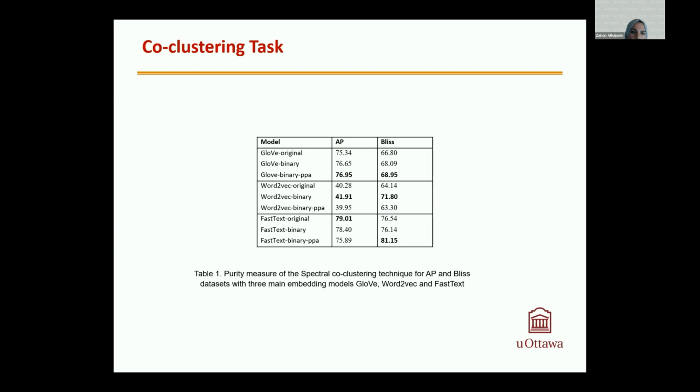And we can see our proposed method outperforms the original embedding models, especially with the GloVe model. We can also observe some stability in the GloVe model, while word2vec and fastText are not very stable. This is the result after running the algorithm 10 times, and we select the best result.